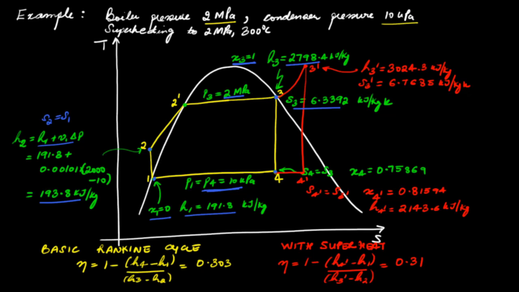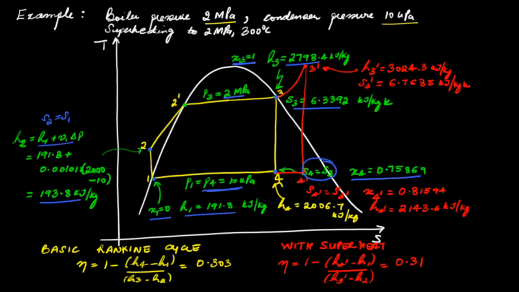Because the process 3 to 4 is isentropic, the entropy at state 4 is equal to the entropy at state 3. Knowing the specific entropy and the pressure at state 4, from the property tables we get the quality at state 4. Once the quality is known, we get the enthalpy at state 4, and it is this.